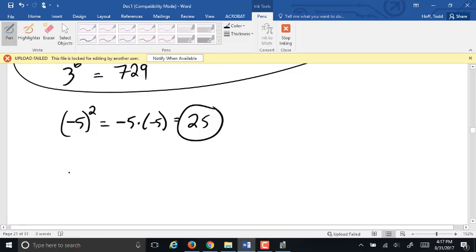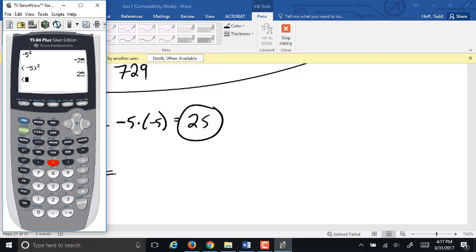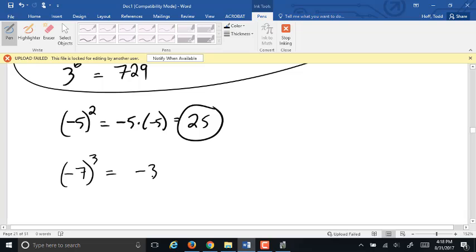How about if I have, bless you, negative 7 to the power of 3? It is safest if we use parentheses, but this one, then I have to use my caret key because I don't have a third power, does come out to be a negative answer, negative 343.